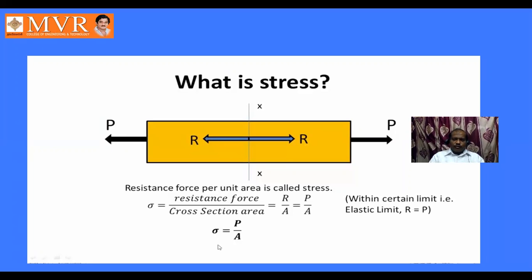When force is increased, R does not match P, and the material is going to behave in different manners. So how many types of materials are there? The materials are broadly brittle metals and ductile metals. Based upon the forces, the way the metal behaves will define the property of that material.